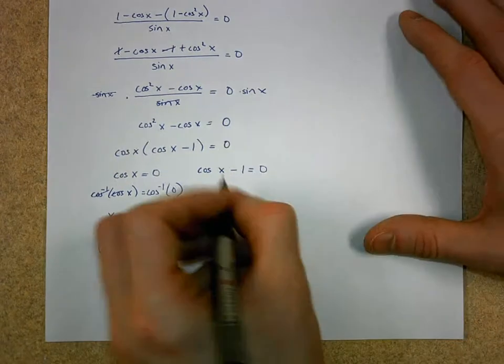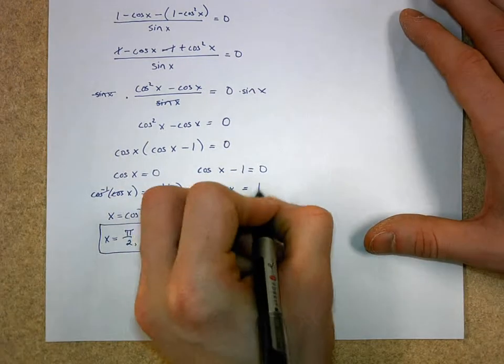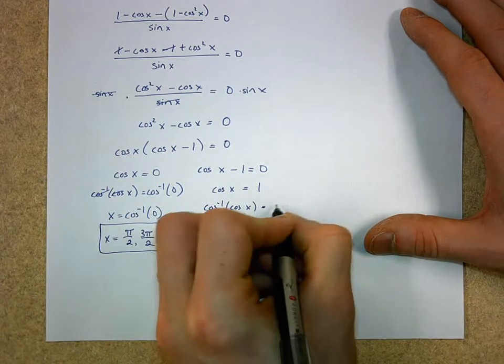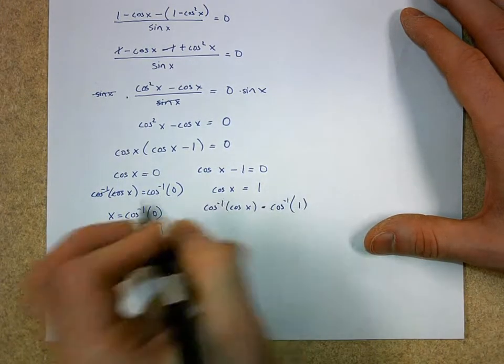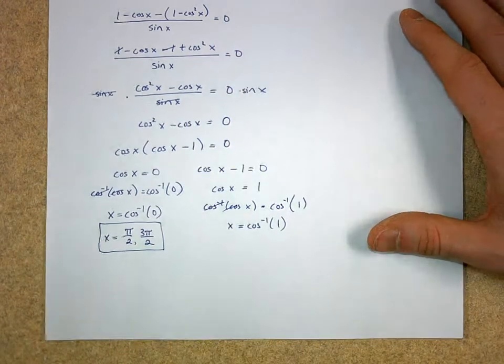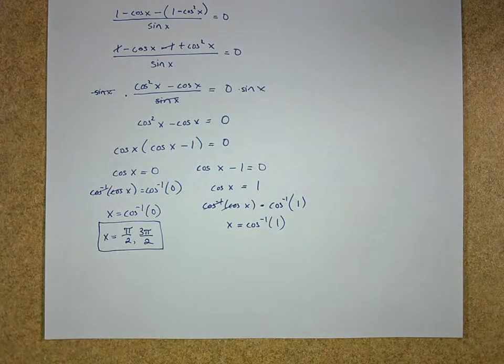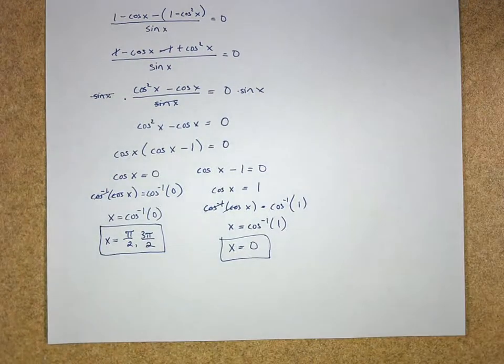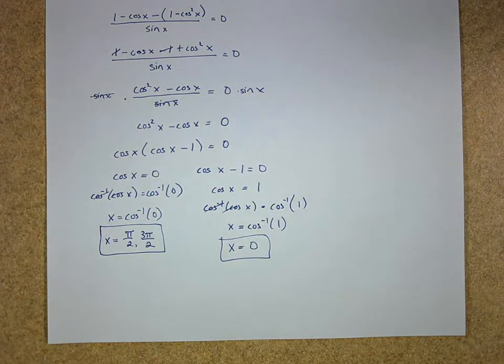Second equation we got here, cosine of x is equal to 1. Take the cosine inverse of both sides, and the cosine inverse of 1 is equal to 0. So my three solutions to this equation are pi over 2, 3 pi over 2, and 0.